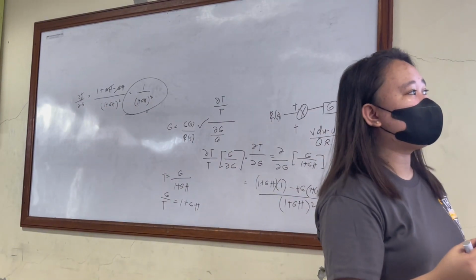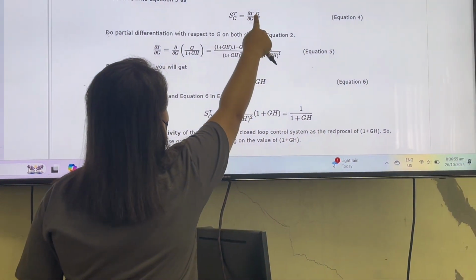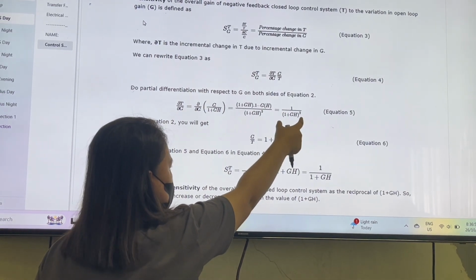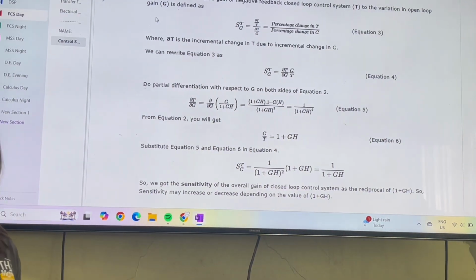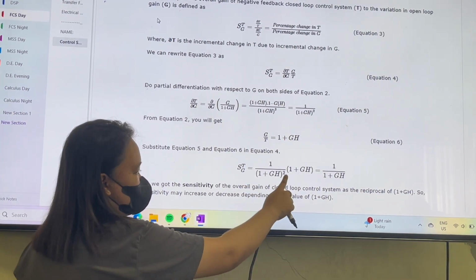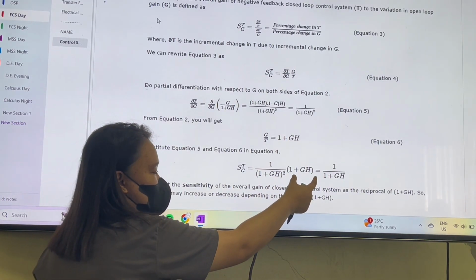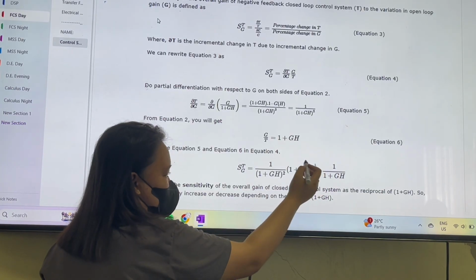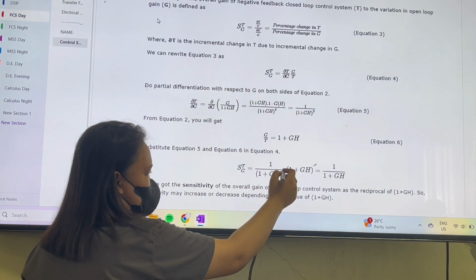Now, for the sensitivity, ang formula sa itong sensitivity is partial T with respect to G multiplied with G over T. Now, this is our partial T with respect to G. This is the G over T. I-multiply ni mo, mabilang usa.